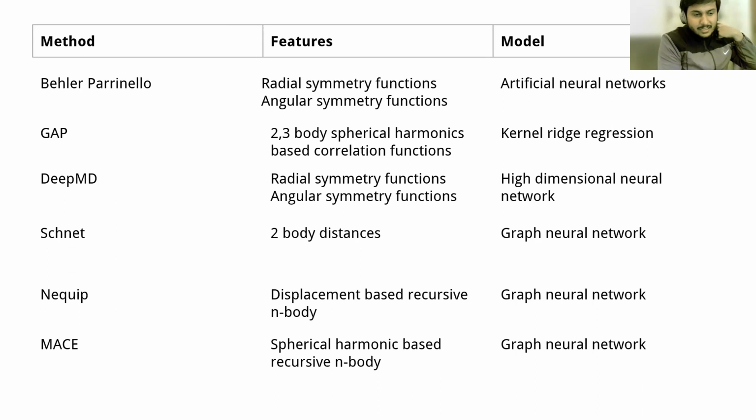So the specific things that we need to address are, how do you reduce the complexity of getting these n-body descriptors, number one, and how do you reduce the cost of representing your environment without this combinatorial explosion.